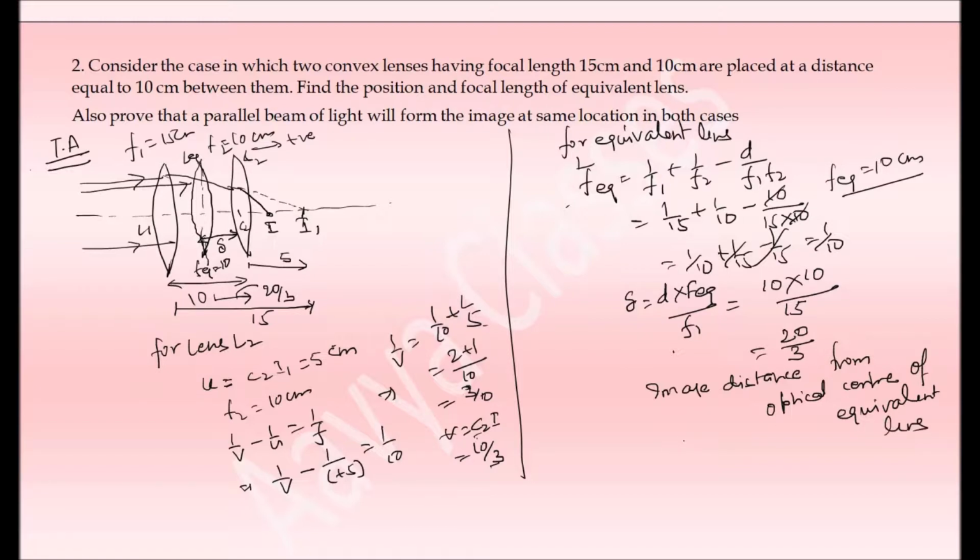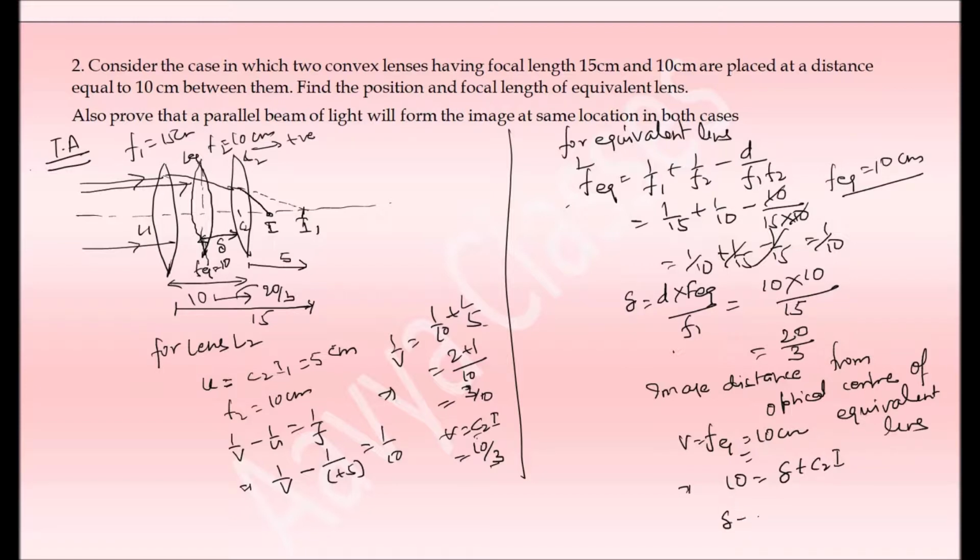As we know, for a parallel beam of light rays, the image is formed at the focal point. So V is equal to F equivalent, which is equal to 10 centimeter. So the final image will be formed at a distance equal to 10 centimeter. Now if we prove that V is equal to delta plus C2I, then it means the image is formed at the same point.